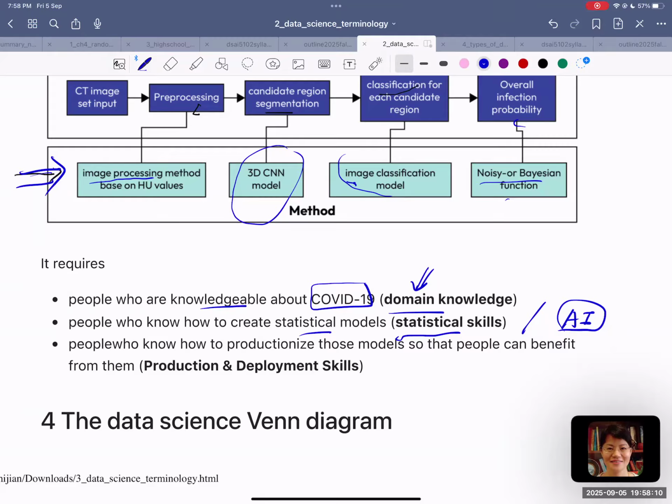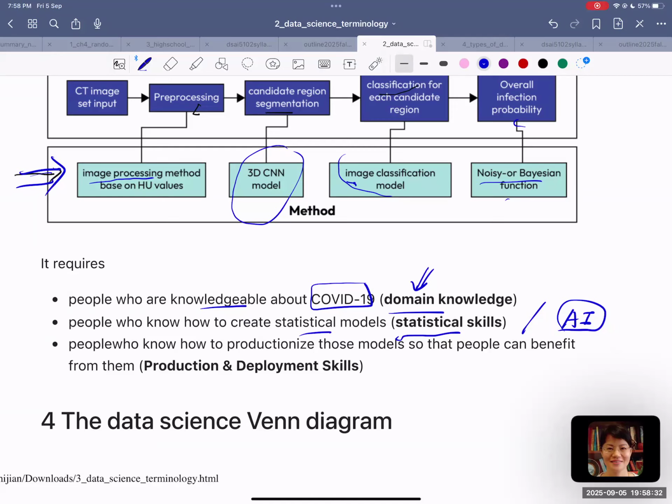So he can collaborate with me. I have some ideas, we have some problems to solve, but he can apply his AI knowledge to help. So here, not only the domain knowledge, we also need statistical skills and AI skills or computer science skills.